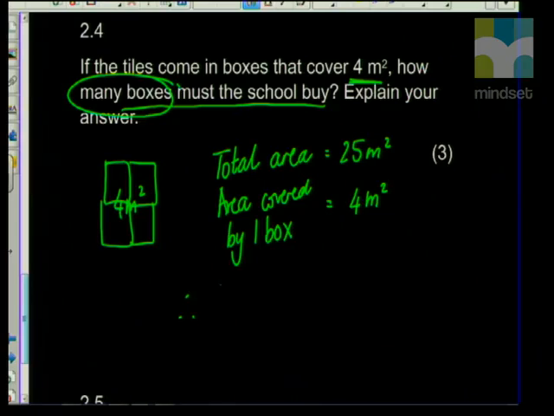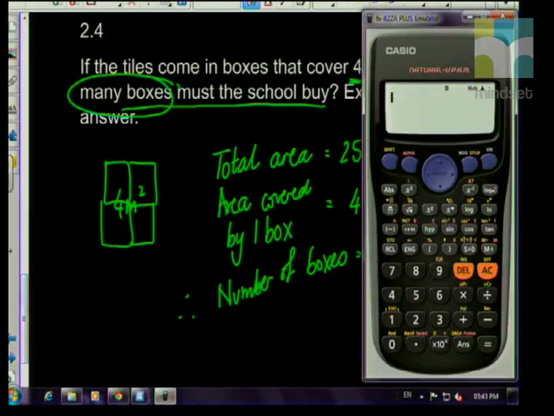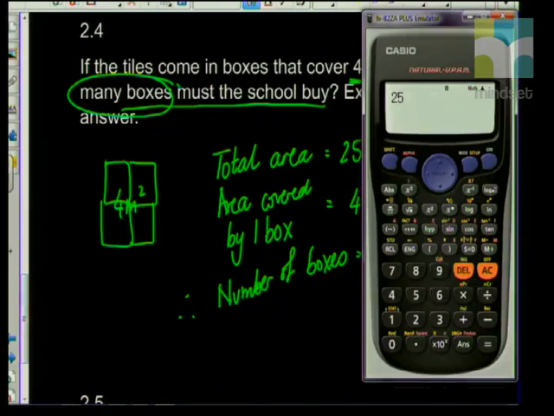Therefore, to find the number of boxes, I'm going to have to take the total area and divide it by 4, which is the amount covered by one box. So 25 divided by 4, let's get out our calculator. 25 divided by 4 is equal to 6.25.